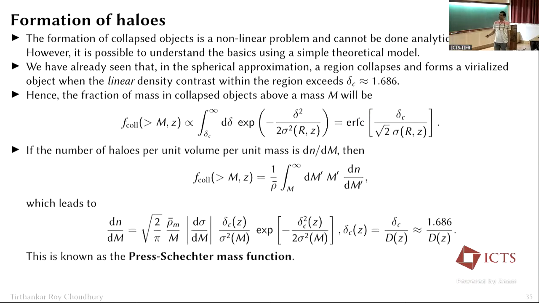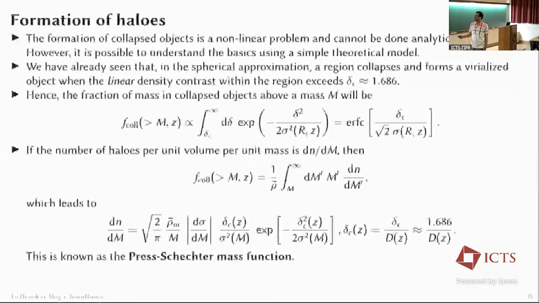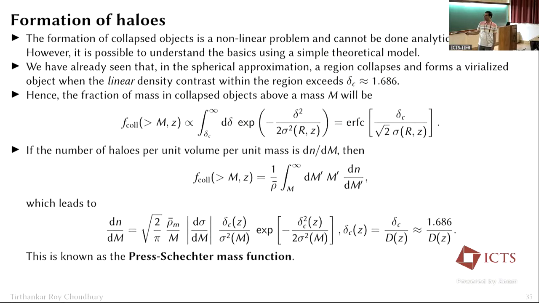Now we also know that the fraction of mass in these collapsed objects will be equal to the number of halos times the mass of halos integrated over all masses. So this will give you the density of mass within halos. You divide it by the total density, and that will give you the fraction of mass within collapsed halos. So you have now two expressions for the collapse fraction. One is this error function, one is this integral.